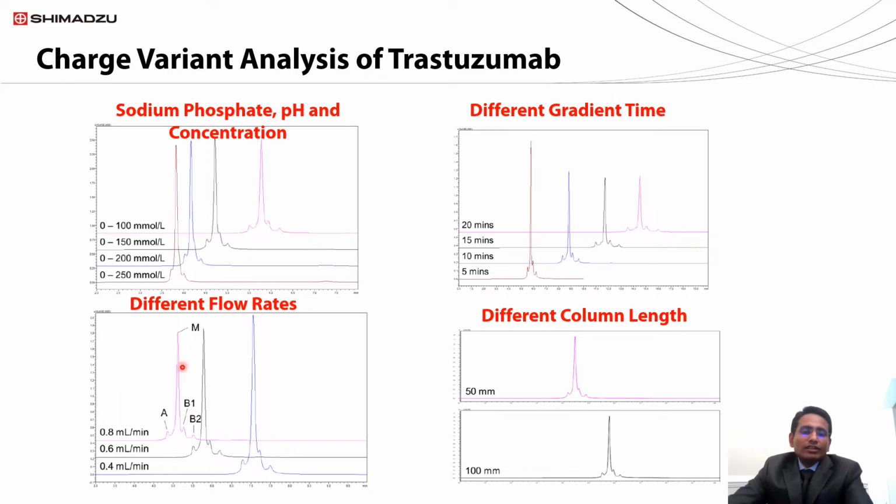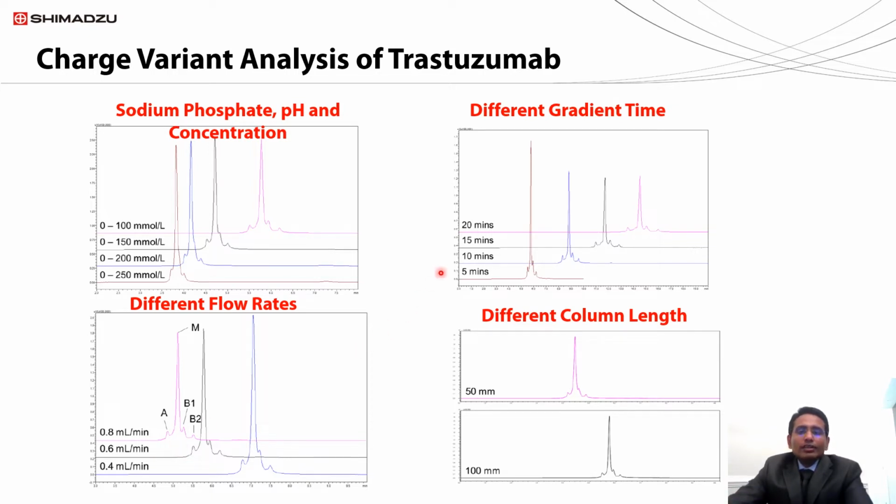On the other hand, a little bit lower flow rate also gives very nice peaks, but if we go too low, it didn't give the same separation. So you can see at 0.8 ml per minute, we can see the separated peaks better.